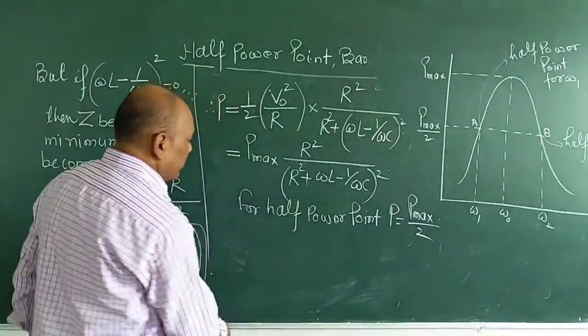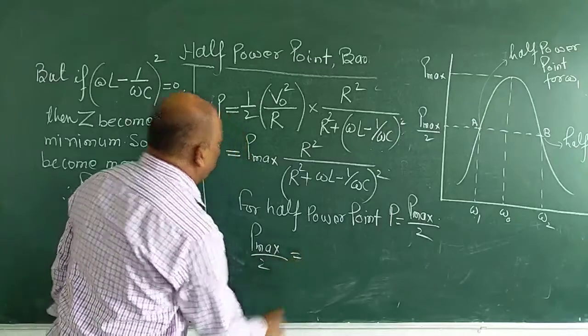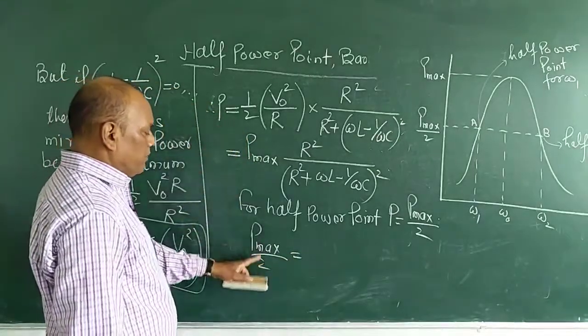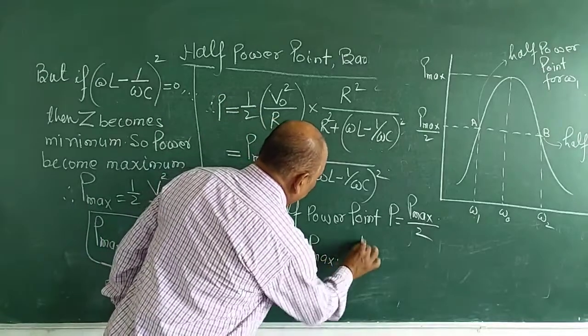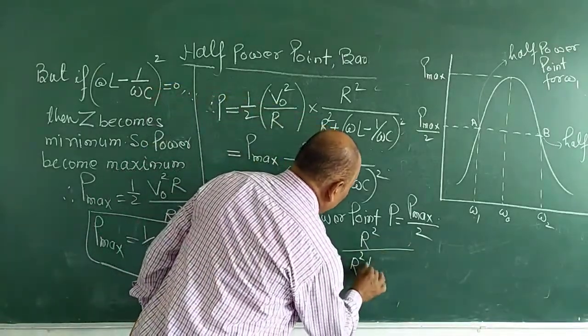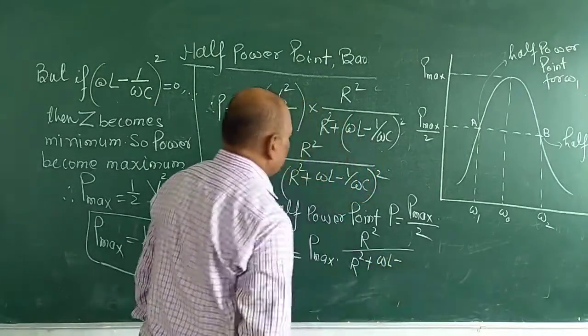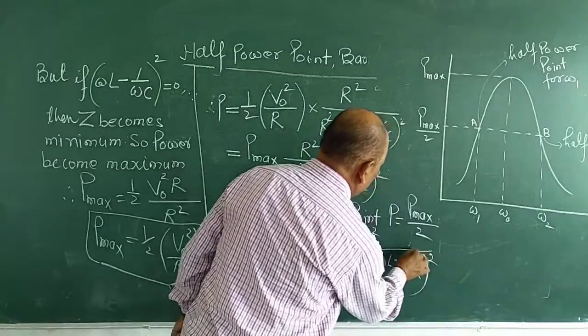So substituting here, in place of P write P max by 2: P max by 2 is equal to P max into R square divided by R square plus omega L minus 1 by omega C whole square.